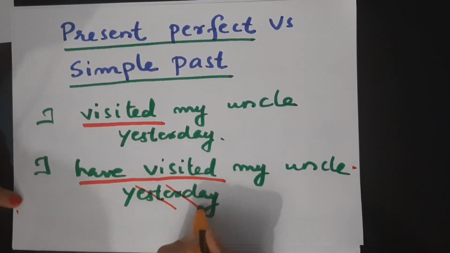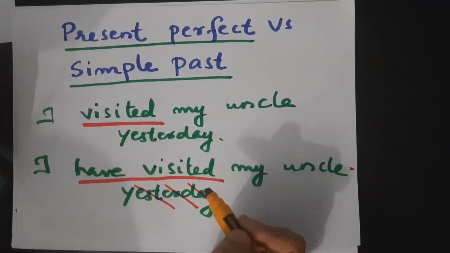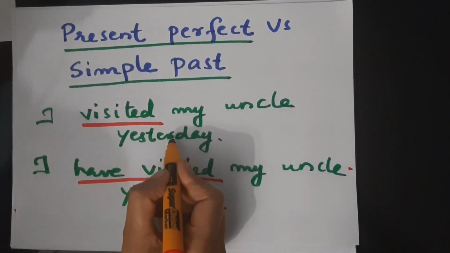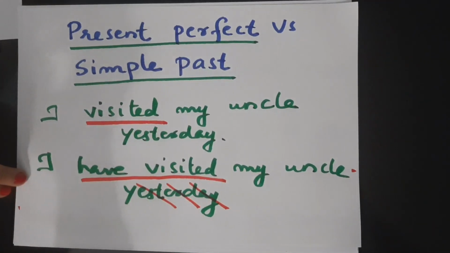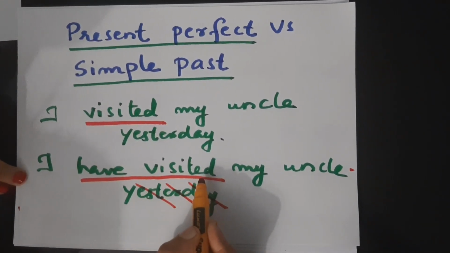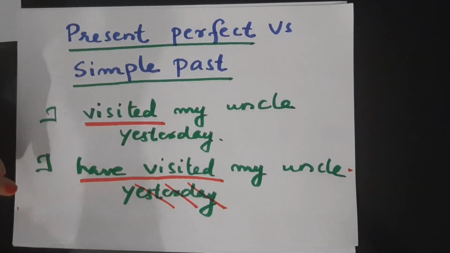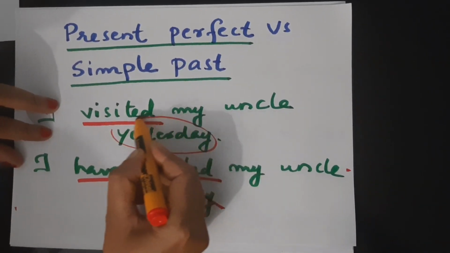See, when you denote a particular point of time, you have to use simple past tense. But in the present perfect tense, it's not compulsory that you should use the point of time. The point of time here is yesterday.